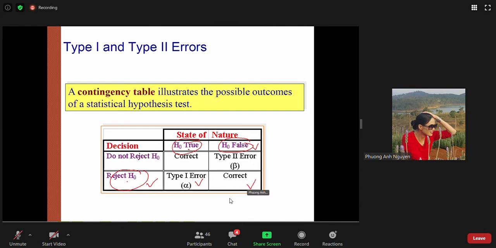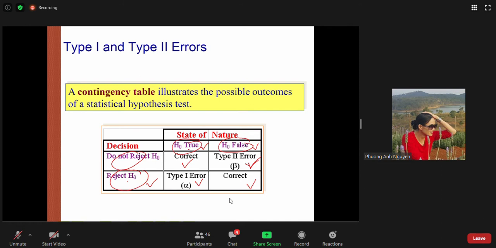When you decide not to reject H0 and H0 is true, it is the correct decision. Otherwise you fall into the type 2 error. We call alpha the probability of getting the type 1 error, and beta the probability of getting the type 2 error.